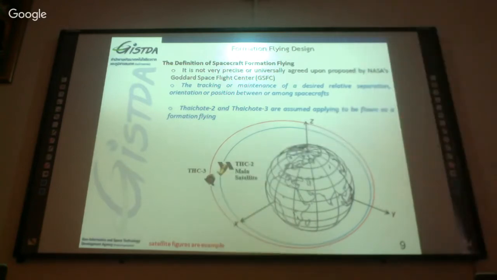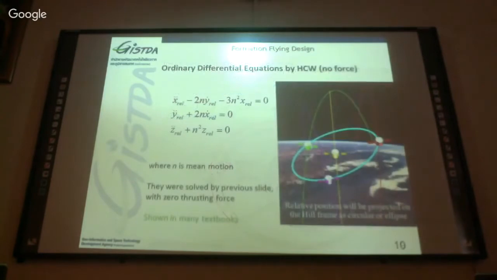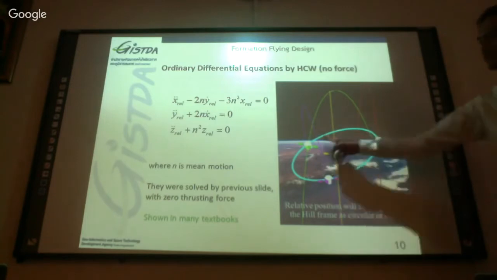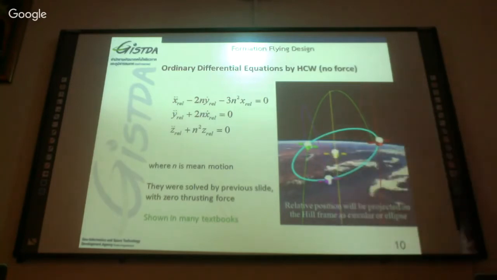To simplify the orbit formation design, we use the Hill equation method, an ordinary differential equation, and we can know the trajectory of the two satellites. It will show us a circle like this. When the circle changes, that means our formation is changing.